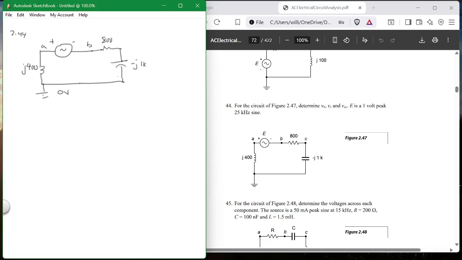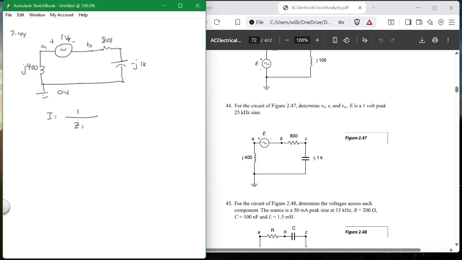All right, so the very first thing you should do, this is 1 volt. And do they say peak? So this is 1 volt peak. So everything is going to be in peak. So I is equal to V1 over, because this is in series, Z total.